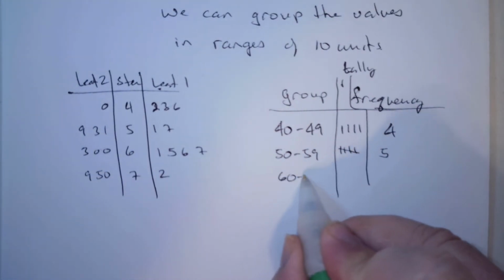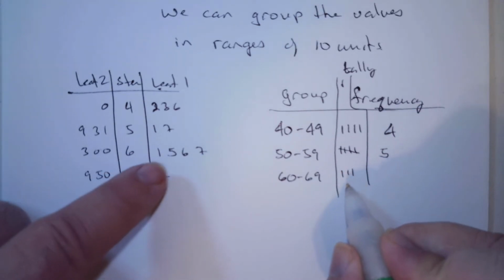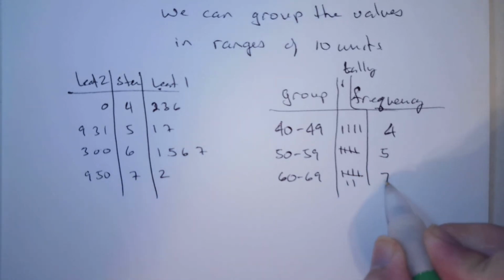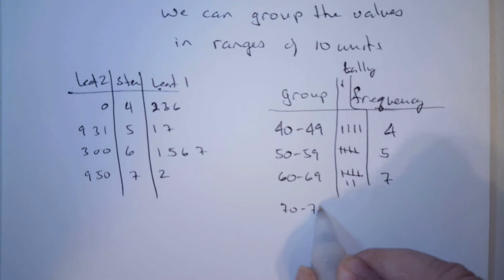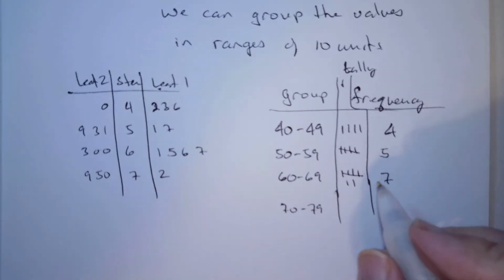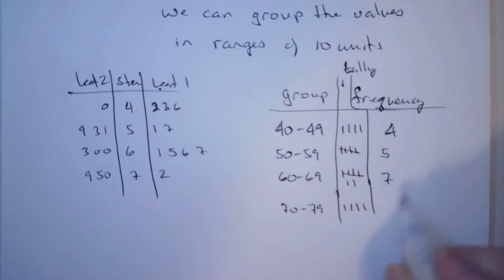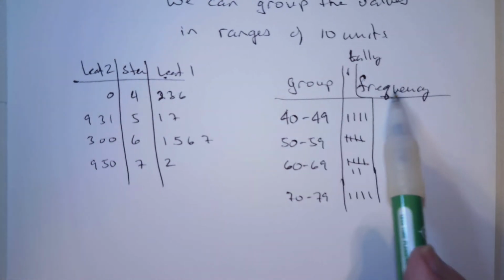And from 60 to 69, we have 1, 2, 3, 4, 5, 6, 7. And from 70 to 79, 1, 2, 3, 4. So there you have your grouped frequency table.